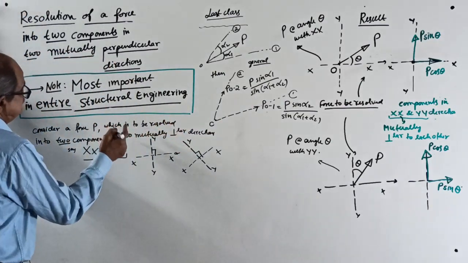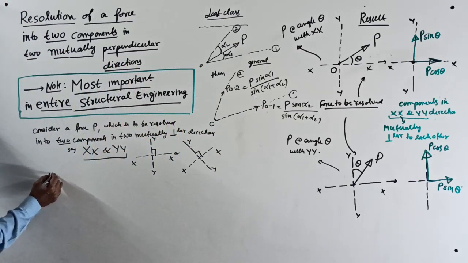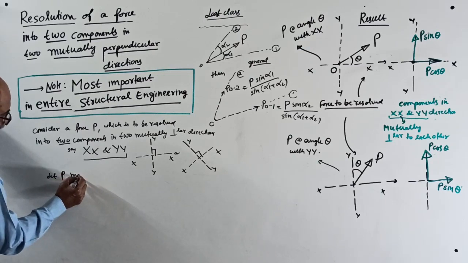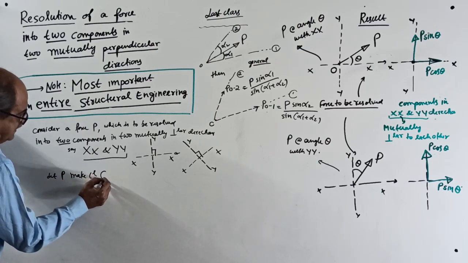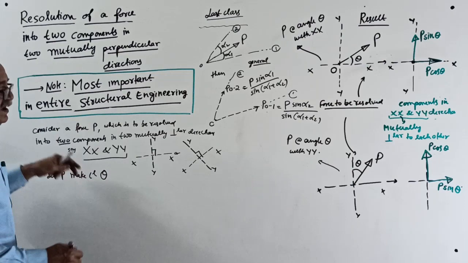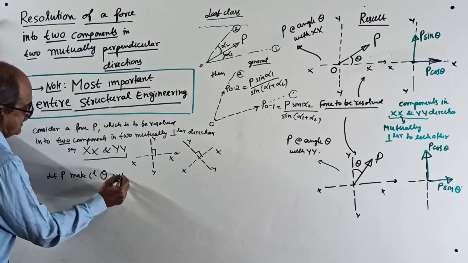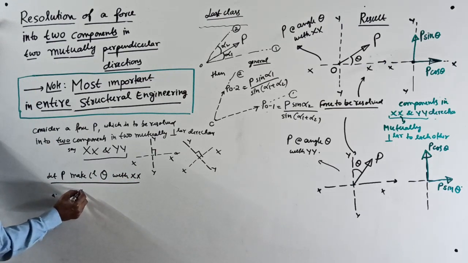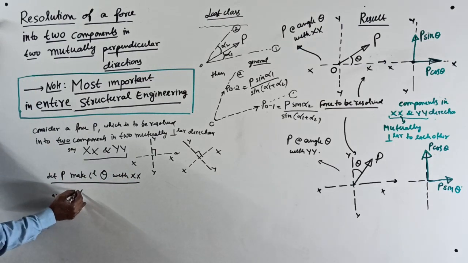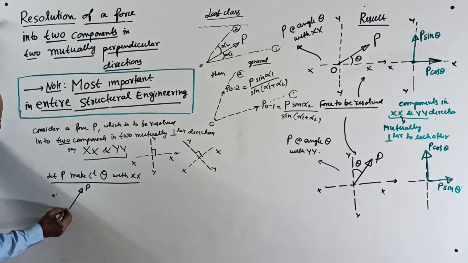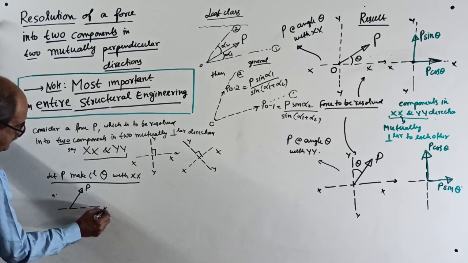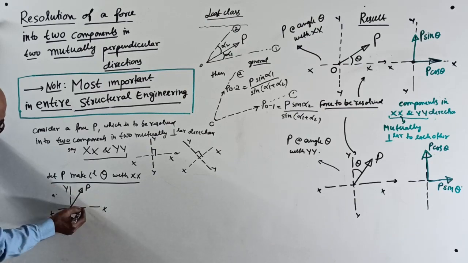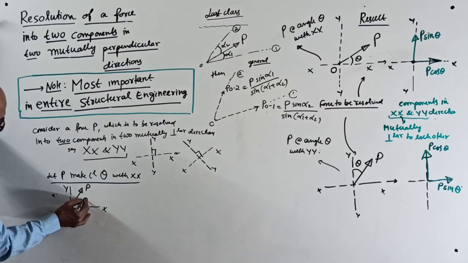First, let force P make angle theta with the xx. See, now suddenly I am going for theta. The force can be this way also, right now one side, P. This is xx, this is yy, this angle is theta.